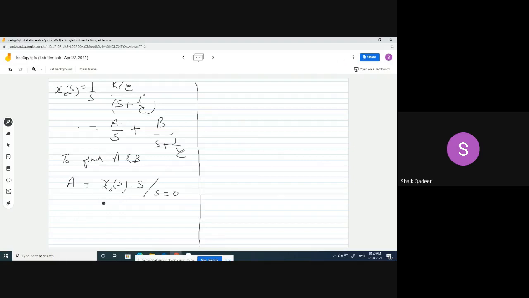Similarly, b is equal to xo of s into s plus 1 by tau for s is equal to minus 1 by tau. Is it clear to everybody? Yes. Okay.